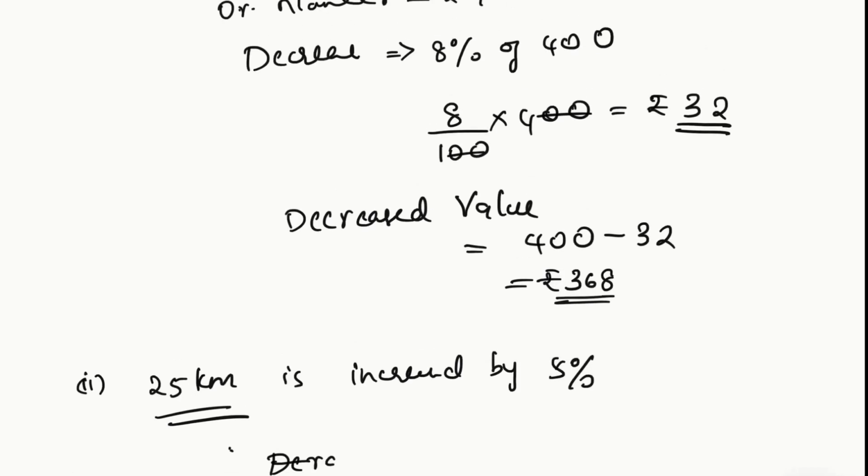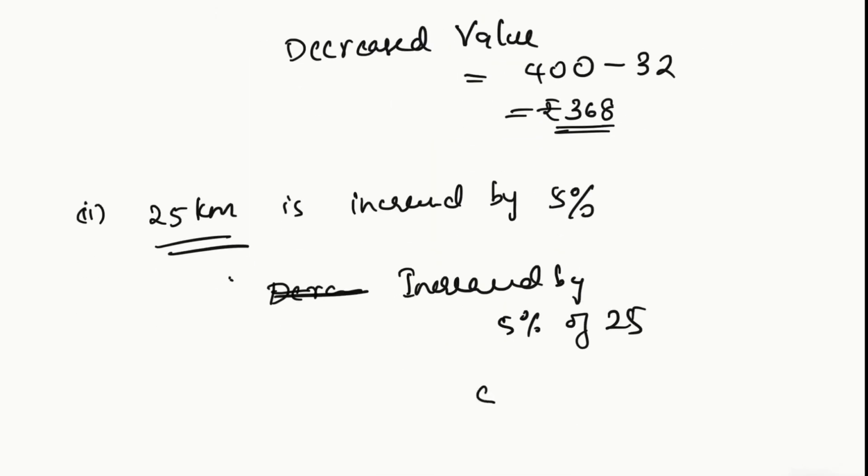It's not decreased, it's increased by 5% of 25. What is 5% of 25? 5 by 100 into 25. Cancelling, I get 4, so it is 5 by 4.